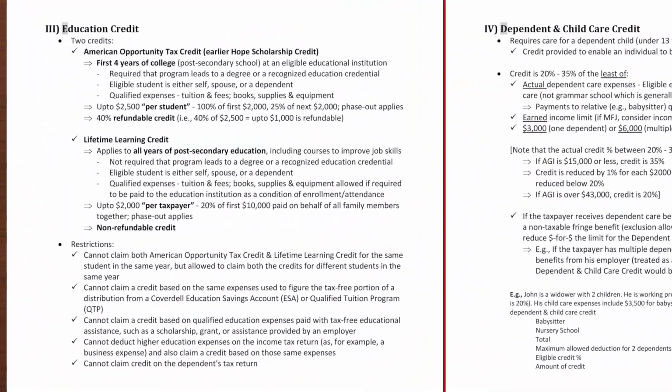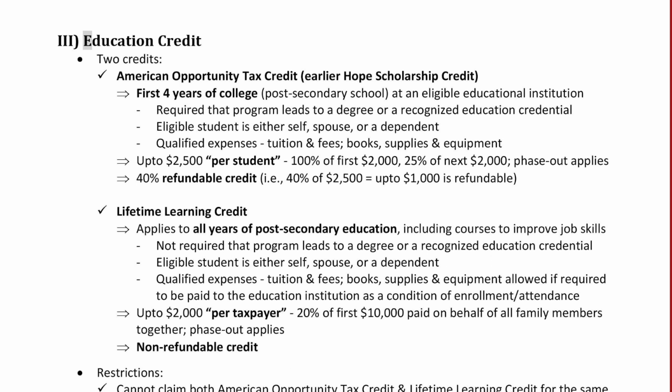On page 84, we're looking at education credits, which is right, the E of ACE. Here we have highlighted the American Opportunity Tax Credit, which was earlier called the Hope Scholarship Credit. This applies for students in the first 4 years of college.